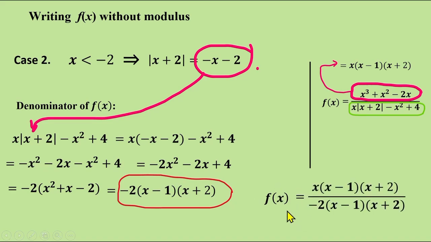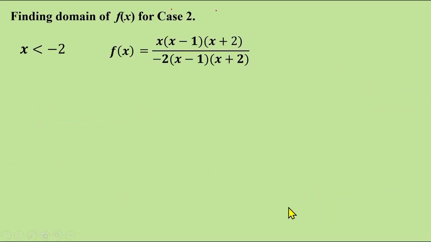Plug in function, and we have the following expression for function f(x). Now we need to consider domain of f(x) for this case. For x smaller than -2, x minus 1 is always not equal to 0. x plus 2 for x smaller than -2 is also not equal to 0. And what we have now, that domain is this interval itself.